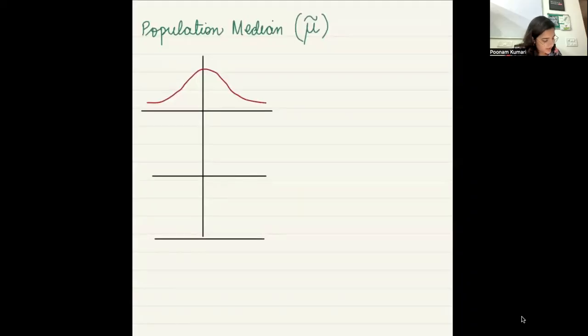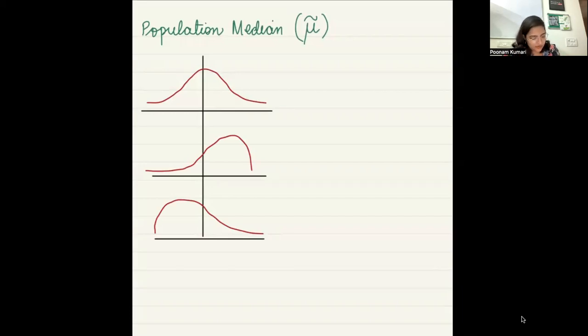And let's say I have a data which looks like this. And let's say I have a data which looks like this. Okay, so first of all, can you tell me which is symmetric, which is positively skewed, which is negatively skewed?